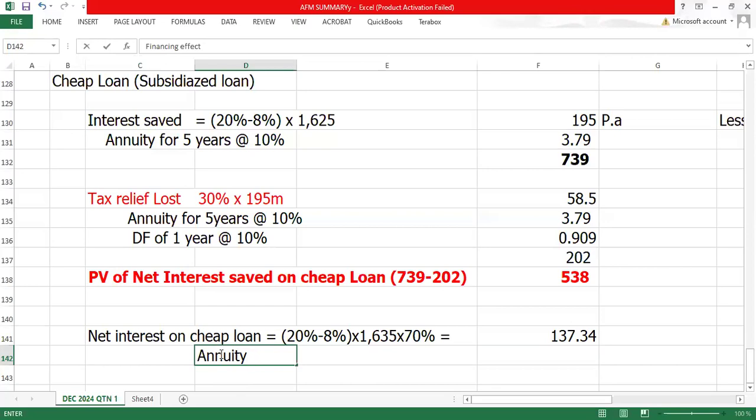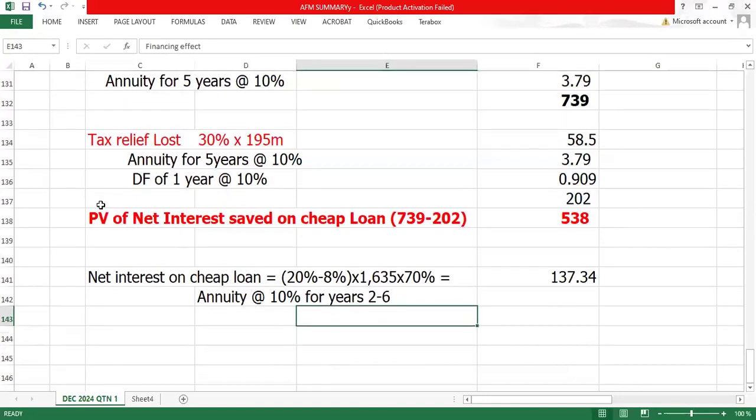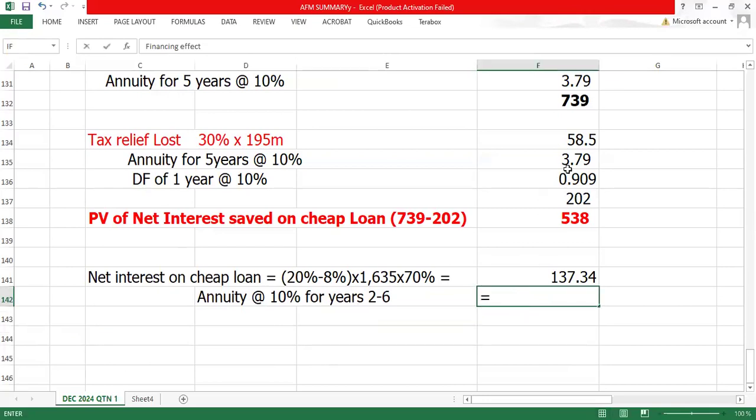When you are discounting, he assumed that, as usual, if you're from year 2, it's at 10%, for years 2 to what? To 6. That is from year 2 to year 6, because of the tax effect. It is simply like getting this times this.